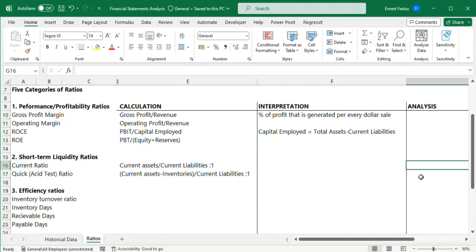An example is maybe there's too much investment in the working capital, because the working capital is what we use in everyday running of the business.